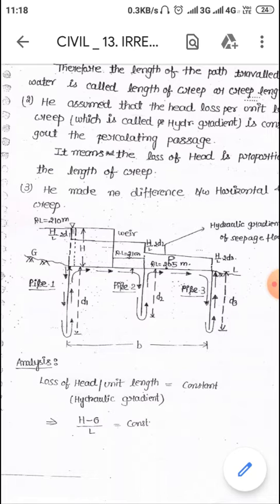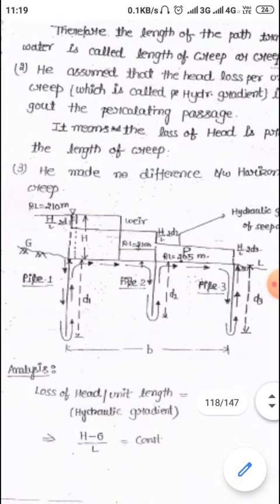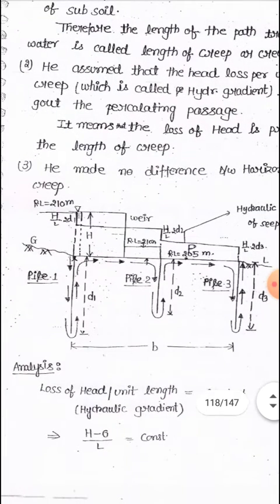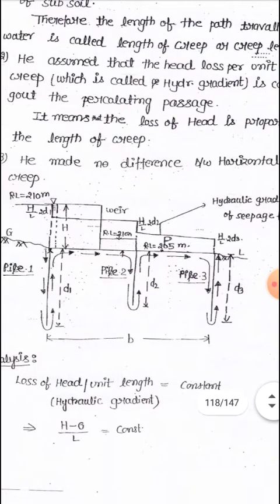You can see in the figure the total creep length will be, for example, in upstream, the depth of sheet pile is D1. In the downstream, depth of sheet pile is D3, and the intermediate sheet pile having depth D2.